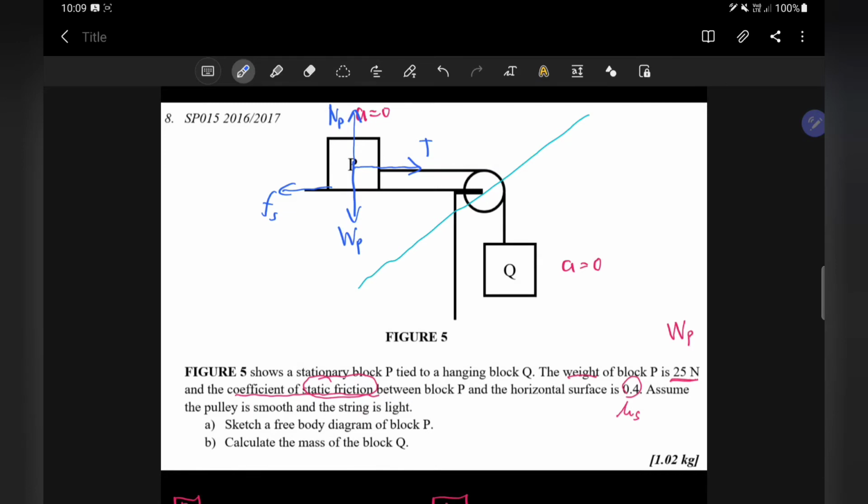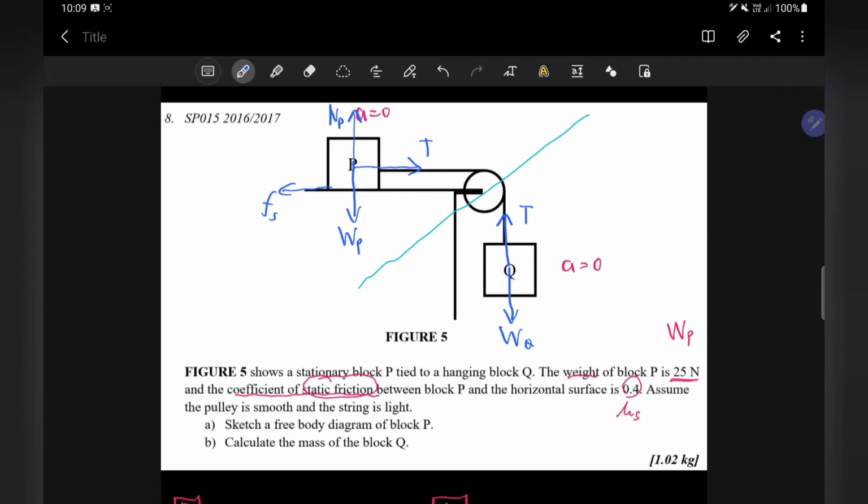And then on the second body, what do we have? Still the same, weight of Q, also the tension.